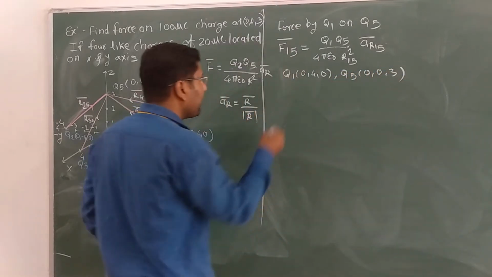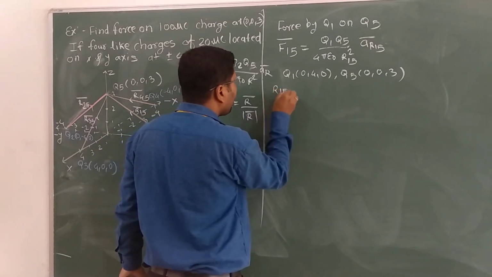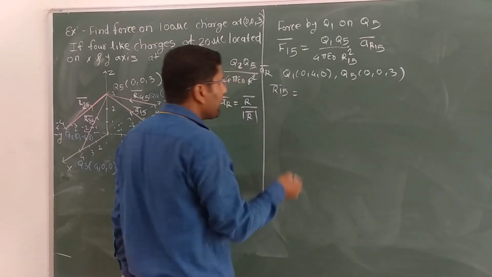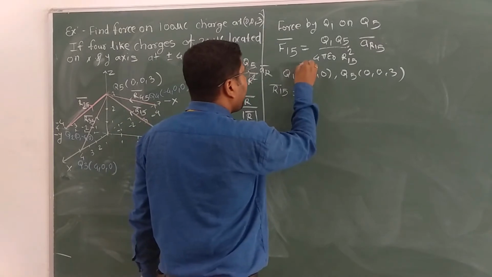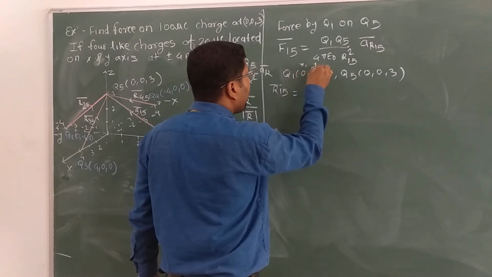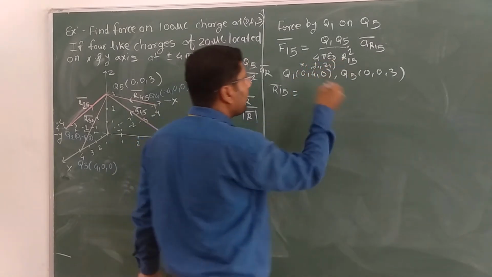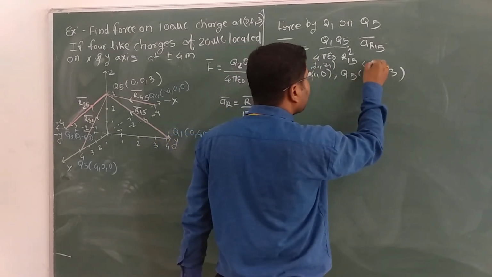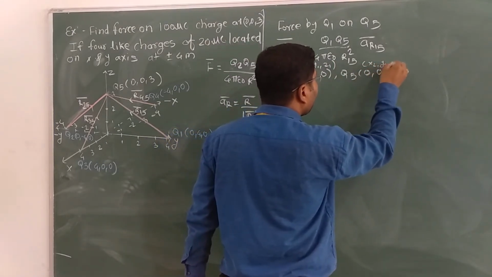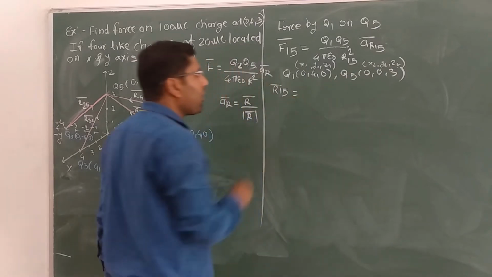Now I want to calculate R15 bar. What is that then? This is x1 y1 z1. Here I will say x5 y5 z5. What is your formula for R15?